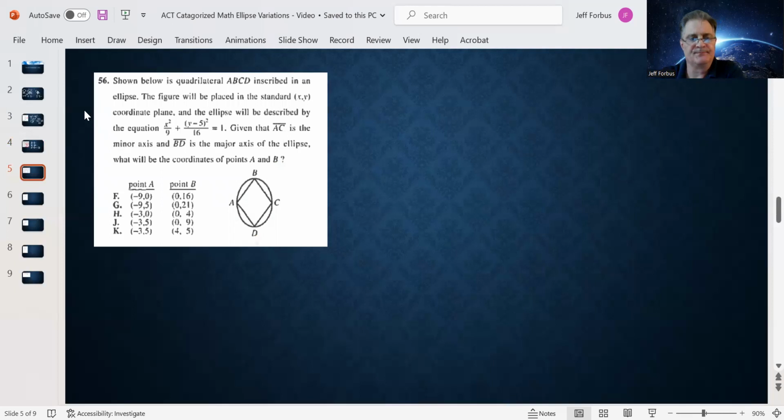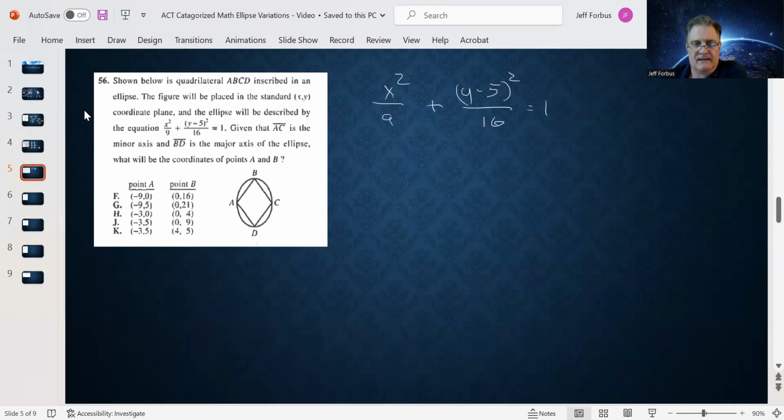Shown below is a quadrilateral ABCD inscribed in an ellipse. The figure will be placed in the standard coordinate plane, and the ellipse will be described by the equation x squared over 9 plus (y minus 5) squared over 16 is equal to 1.